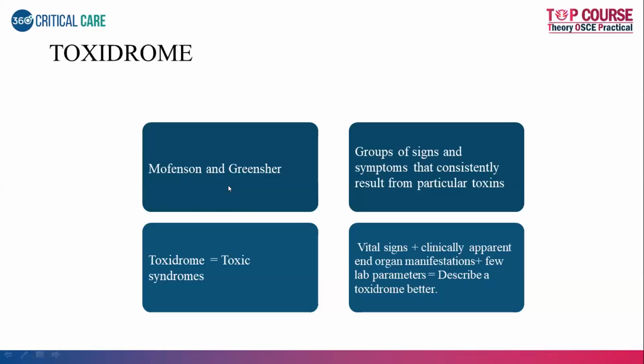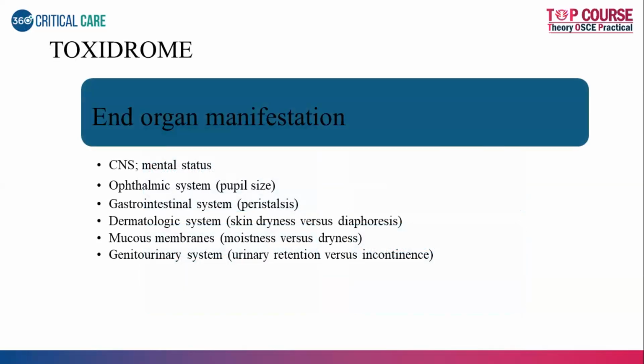To describe a toxidrome better, you should have the vital signs, some end organ manifestations, and even a few lab parameters to tell that this patient has consumed this type of toxin. So what are the end organ manifestations we are speaking about?